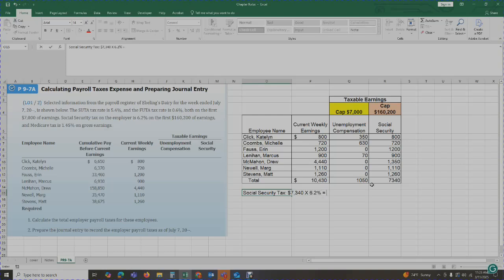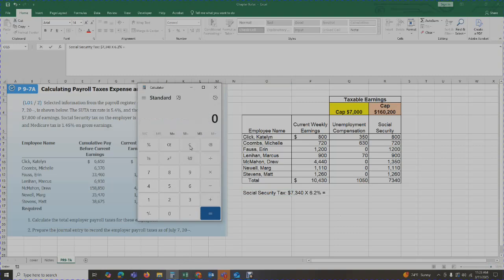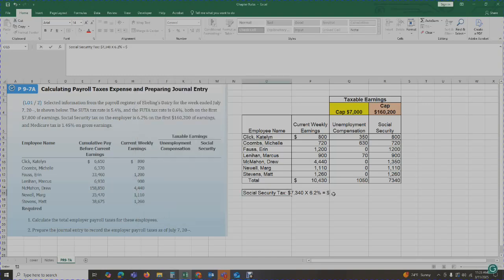So let's get our calculator out. 7340 times 6.2% gives me $455.08. That is the amount of my Social Security tax. Remember, when you're calculating your Social Security tax, you look at that total right there.